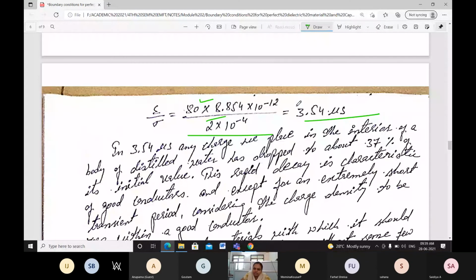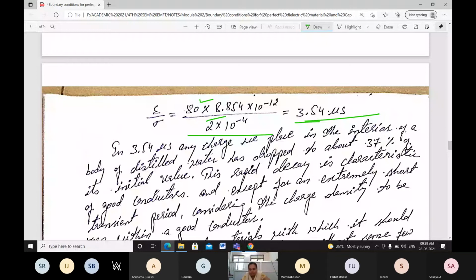What is this indicating for us for distilled water? In 3.54 microseconds, any charge that we place in the interior of the body of distilled water drops to about 37% of the initial value.